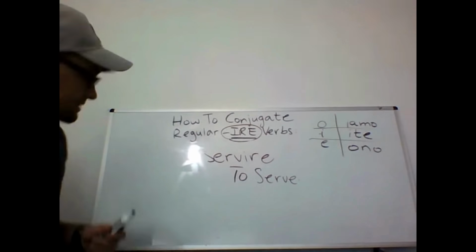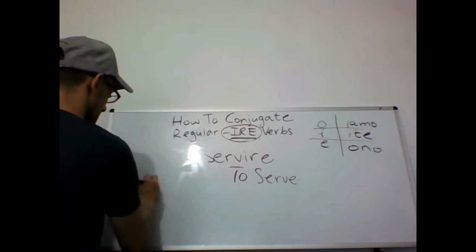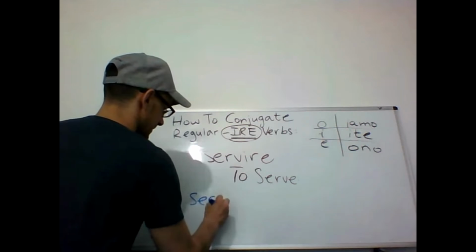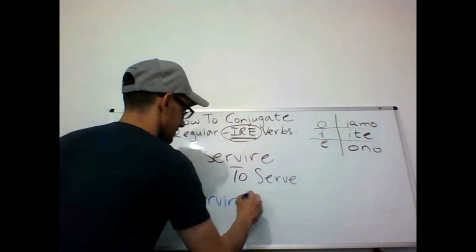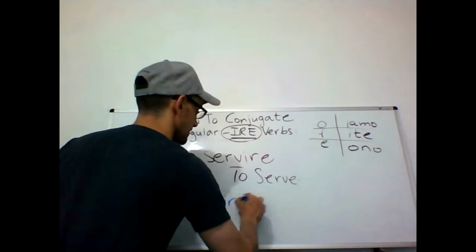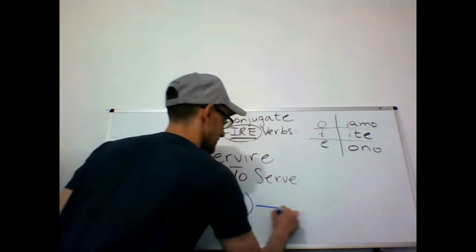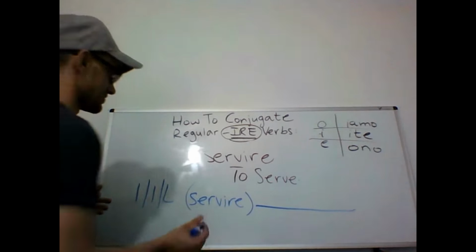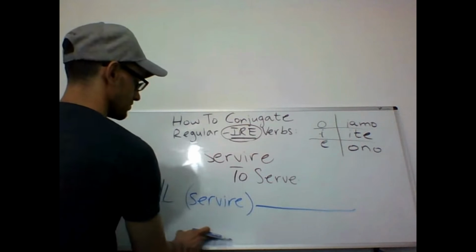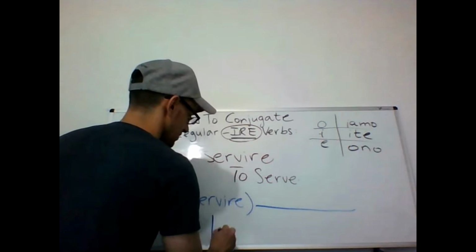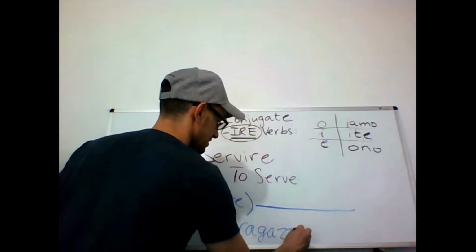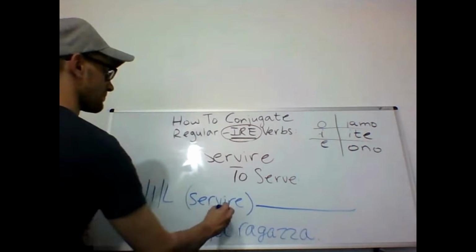Let's do this one. I'm just going to abbreviate this one. Okay. So, lui, lei, we have our verb servire, and let's say that he, she, or you polite serves the girl. So this girl, she's sitting at the table at the coffee shop. Okay.